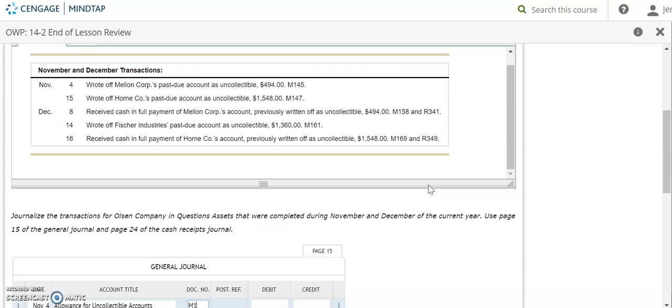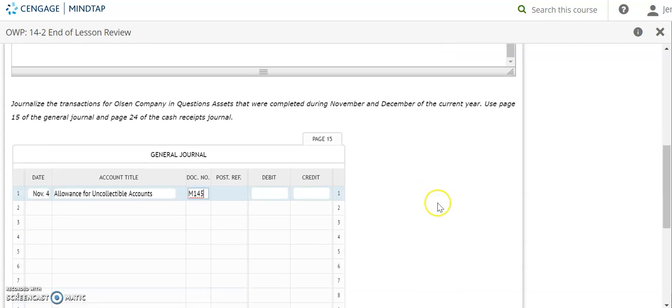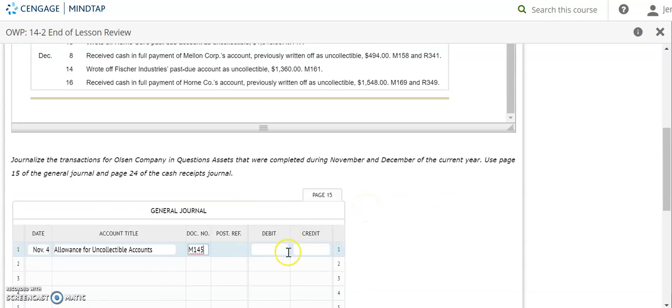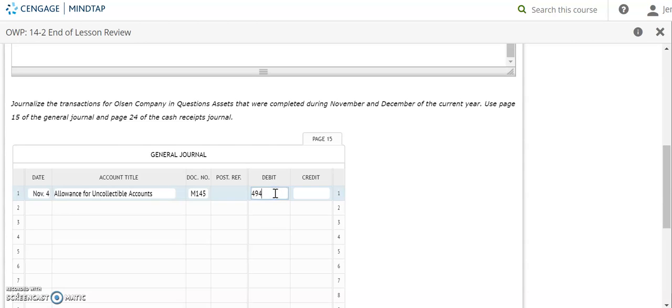It is memorandum 145. And we are going to debit that for $494. Okay, and then I'm going to credit that accounts receivable. So accounts receivable, I'm going to get rid of the balance that they owe us. Now here we're going to credit 2 accounts, accounts receivable and Mellon Corporation.